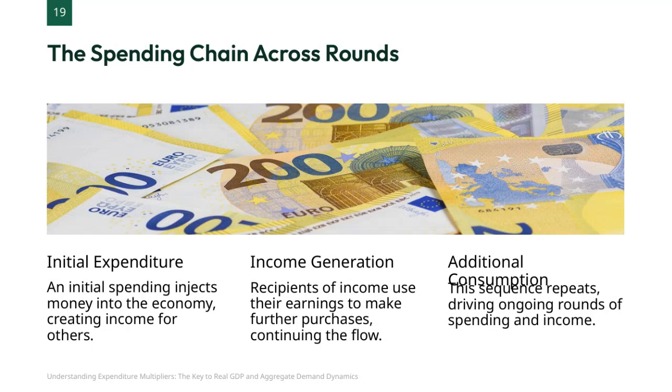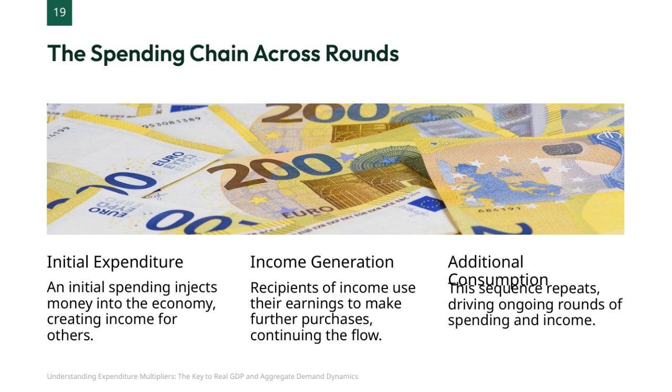Here we see the spending chain across rounds, illustrating how money circulates through the economy. It begins with the initial expenditure, where a first injection of spending introduces money into the system and creates income for others. Then, this income generation step shows how recipients of that income use their earnings to make further purchases, keeping the flow moving.